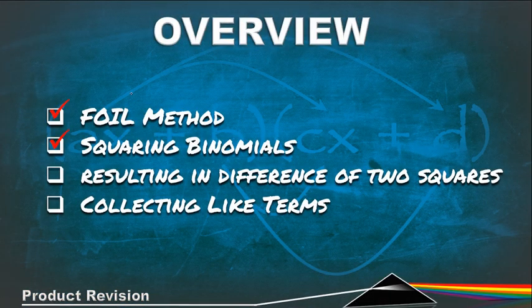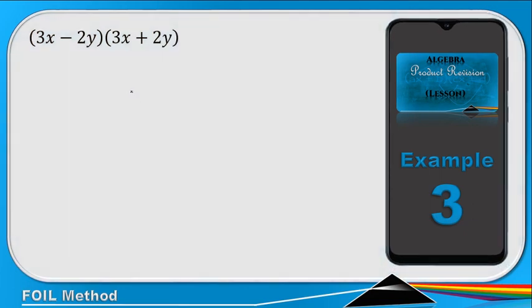Okay, that's done. Now let's look at products that result in a difference of 2 squares. So this is also optional. Remember when we did factorization, we had x squared minus y squared, and then we had to factorize this. The rule for difference of squares is, if this is a perfect square minus a perfect square, we factorize it and we get (x plus y) and (x minus y).